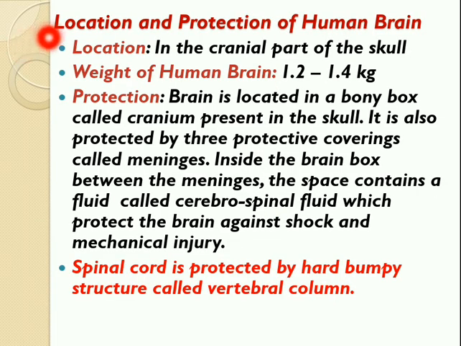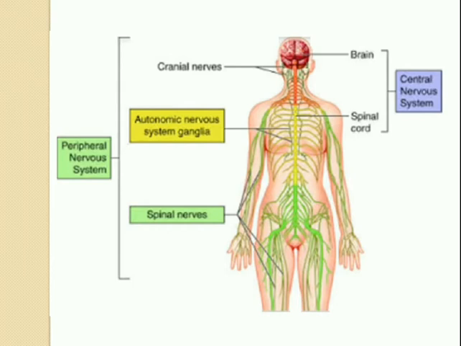What is the location of human brain and how is this human brain protected? It is located in the cranial part of the skull. You have seen in the previous slide that brain is located in the skull part of the body, and it is protected by a bony structure called cranium.